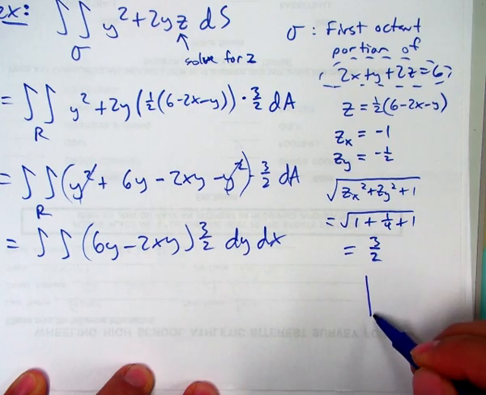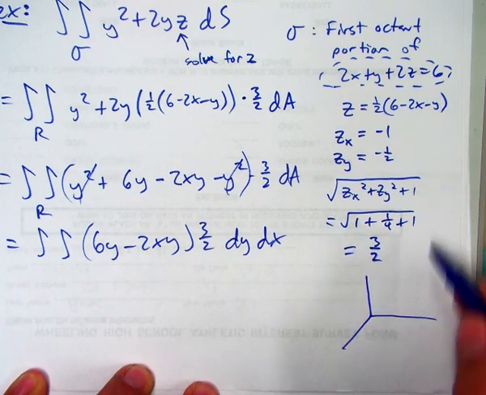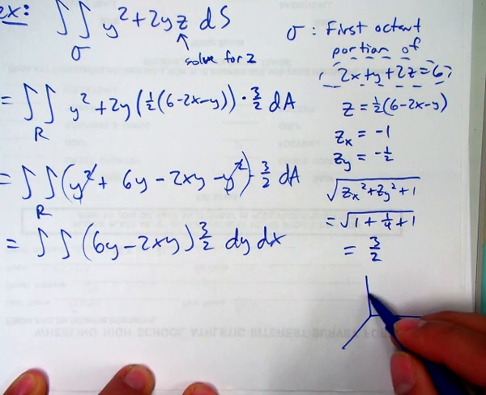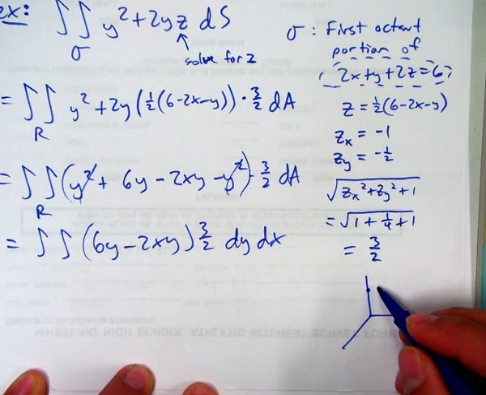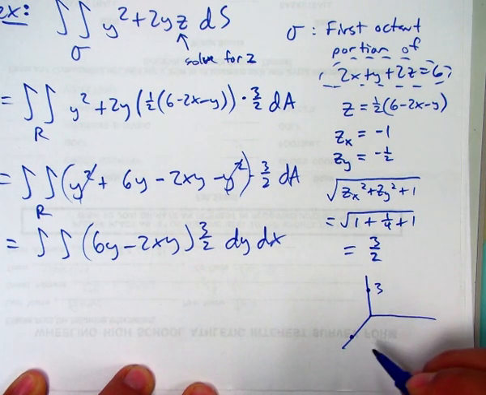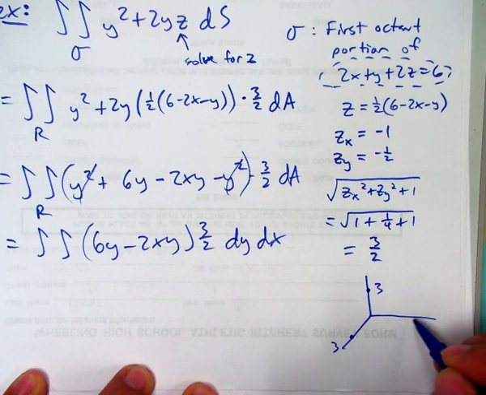If you forgot, first octant portion of this really just meant that we had a plane cutting through. The z-intercept was 3, the x-intercept was 3, the y-intercept was 6.